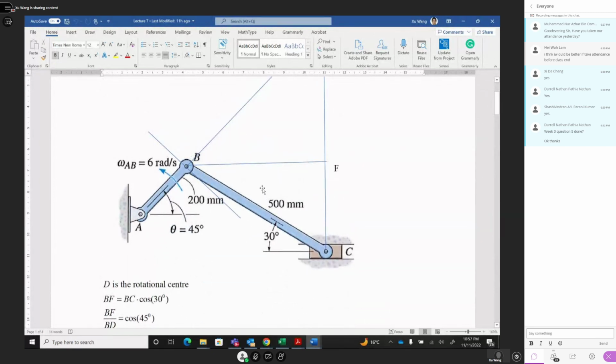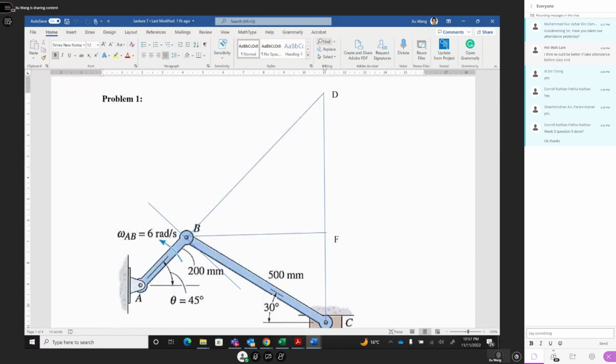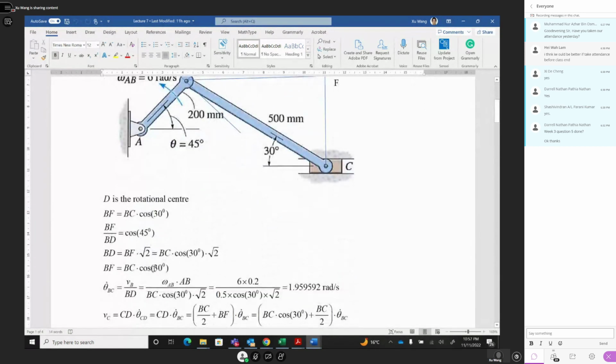So BF divided by BC equals cosine 30 degrees. So BF equals BC times cosine 30 degrees. That's clear, right? And also BF divided by BD, because this is an angle, this is parallel, this is 45 degrees, so BF divided by BD equals cosine 45. The cosine is square root 2 divided by 2.